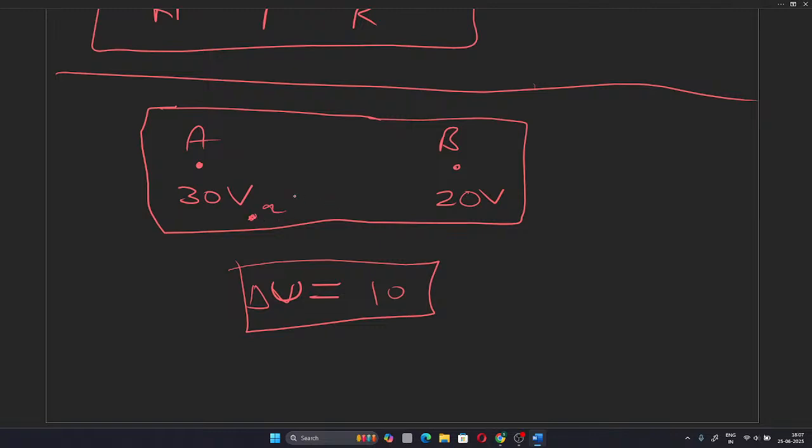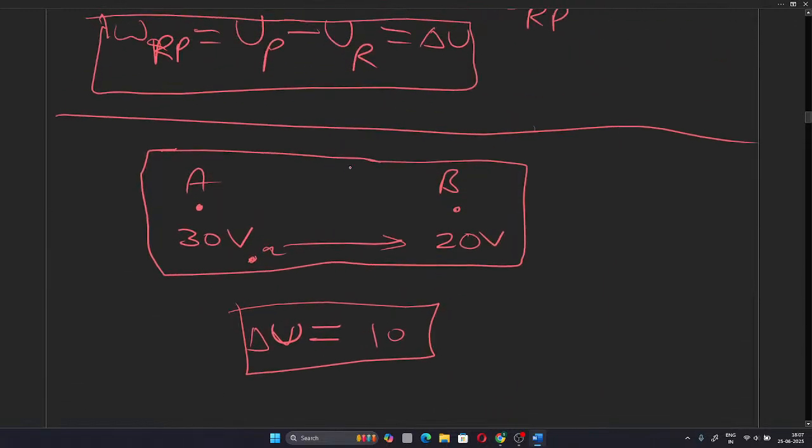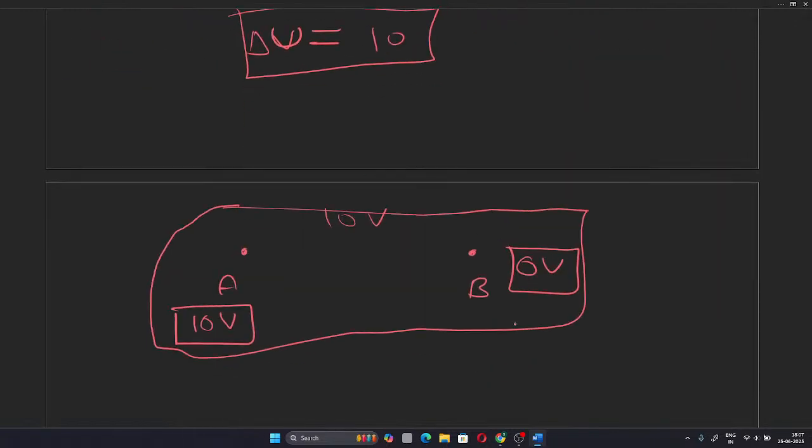So if we place a charge q here, depending on the charge it will move in this or this direction, with the same kinetic energy. Let's just say there is no difference because the potential difference is the same. That is why we can take this as 0.